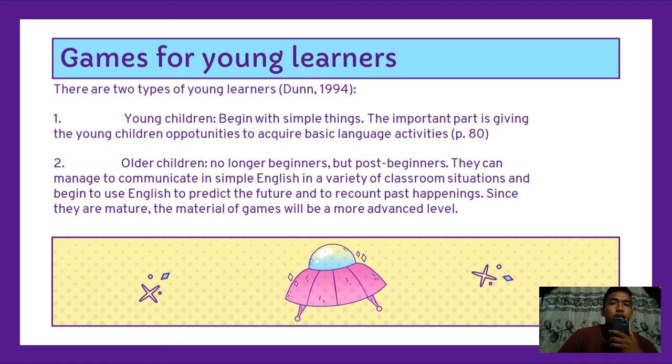They can manage to communicate in simple English in a variety of classroom situations and begin to use English to predict the future and to recount past happenings since they are mature. The material of games will be at a more advanced level.